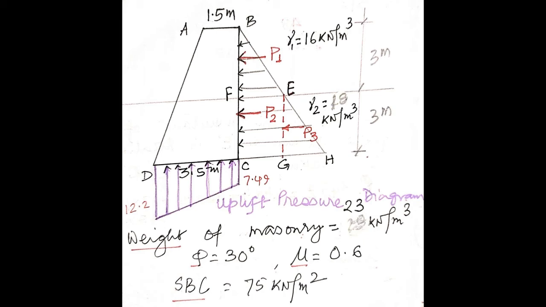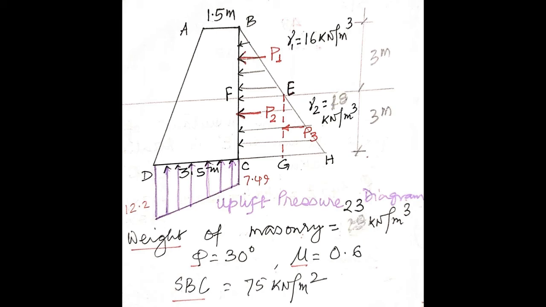Before starting the solution, first let us understand how we are going to solve the problem. As you can see, I have shown the pressure distribution diagram for the active earth pressure. Active earth pressure is a triangle. Here I have divided the entire triangle into 3 parts. Why 3 parts? The unit weight of the soil is different layer-wise.